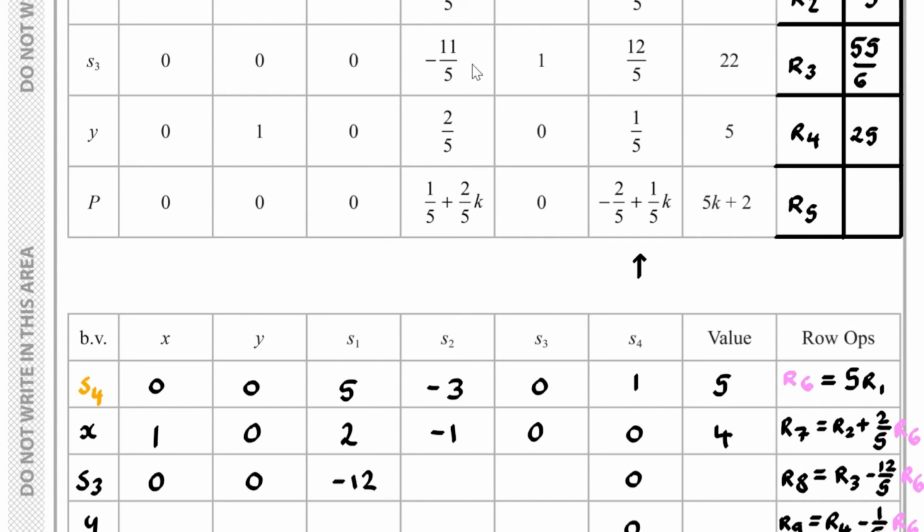Minus 11/5 subtract 12/5 of minus 3, which is 5. Then we've got 1 subtract 12/5 of 0, which is 1. Then we've got 22 subtract 12/5 of 5, which is 10.